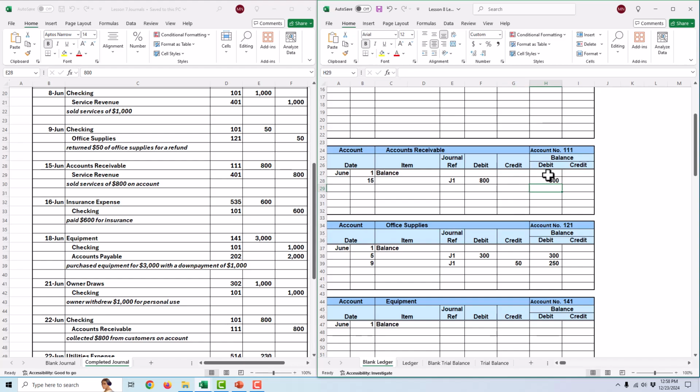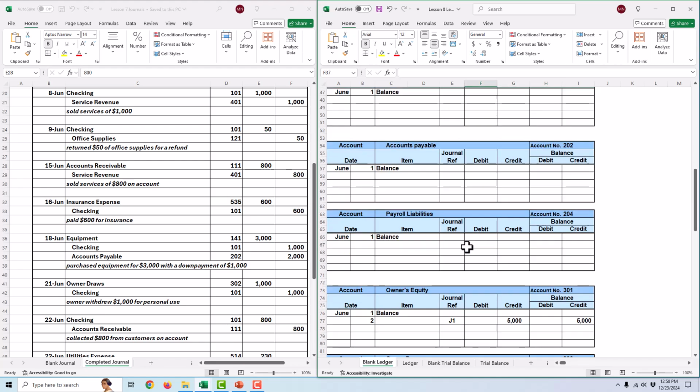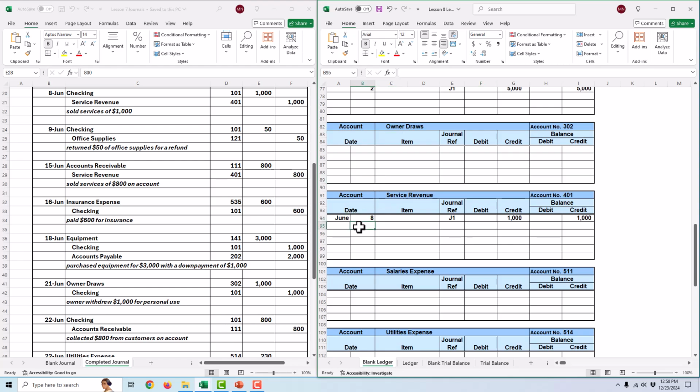The running balance would simply be $800 in the debit column. Then under revenue, I would enter the $800 credit. There was already a $1,000 credit balance before, and now there's an $800 credit transaction. The two credits would add together to give me an $1,800 credit balance.